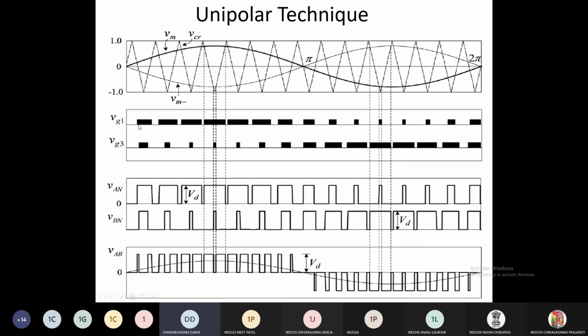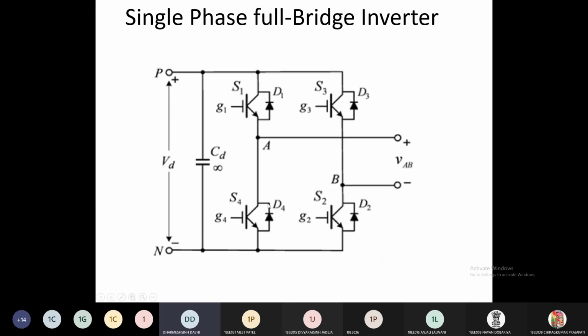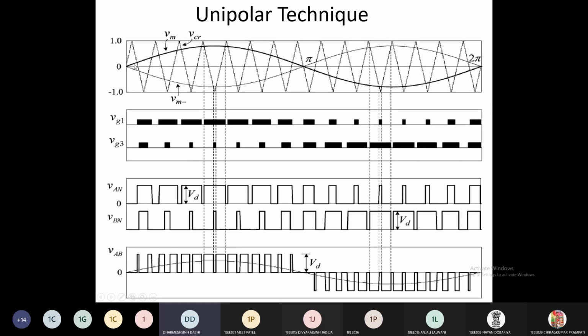Clear? So first this VG1 gate pulse was applied to switch S1, and exactly the complement of this VG1, which is not drawn here, is applied to switch number 4. Clear? Now the gate pulse for S3 you get by comparing the inverted sine wave and the triangular wave.